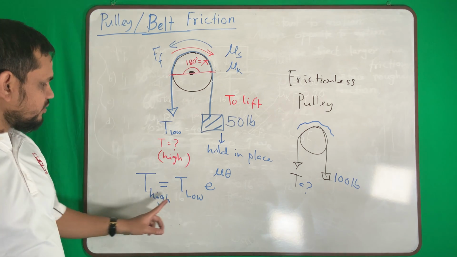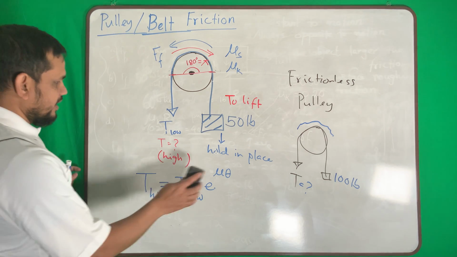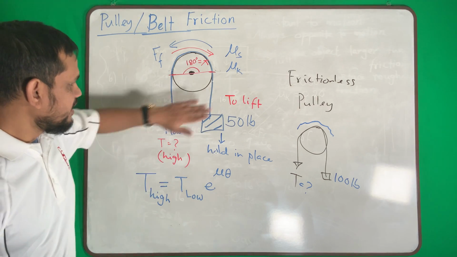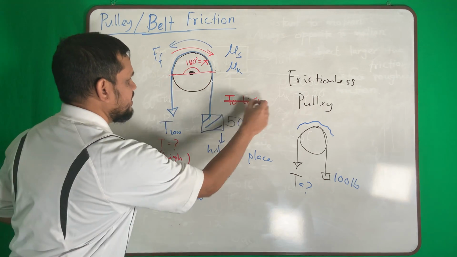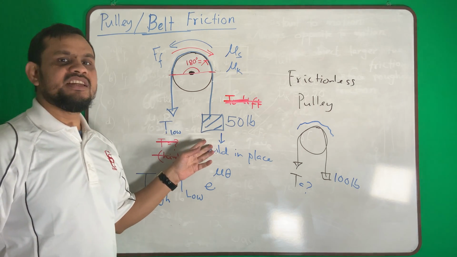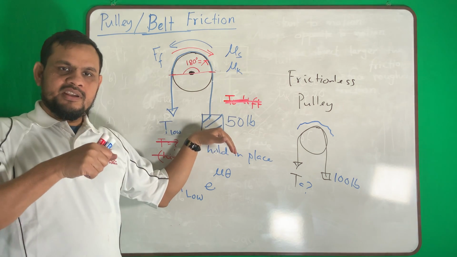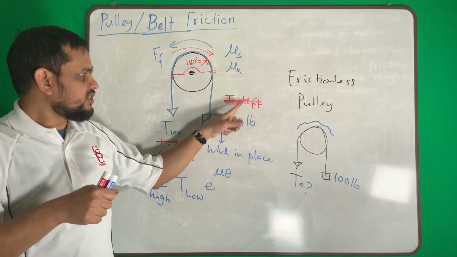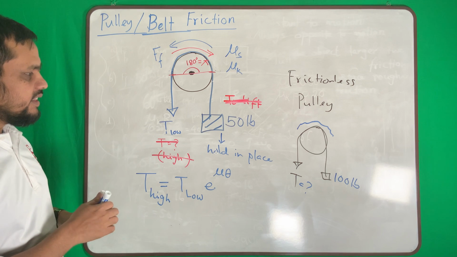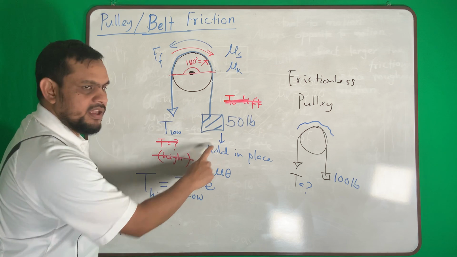Now you have to find which one is T low and which one is T high. If the problem is to hold the object in place, the body is going down and I am holding it, so my friction is this way. We both resist the motion, so this will be higher.